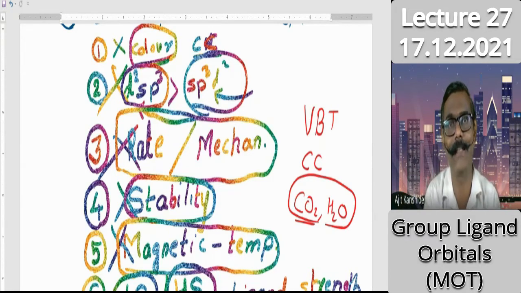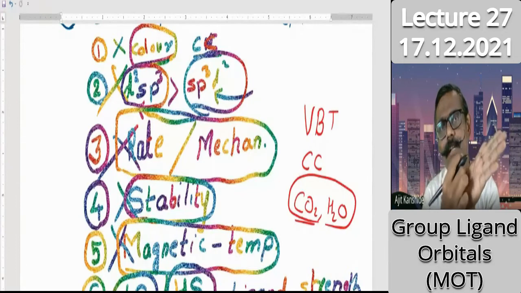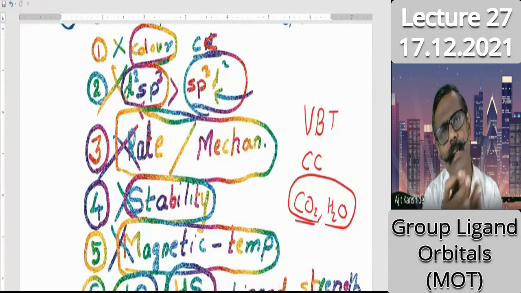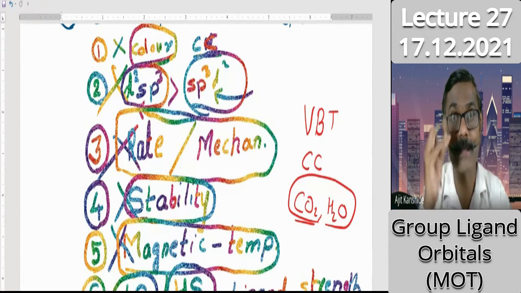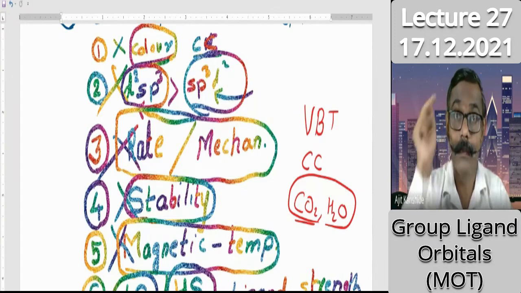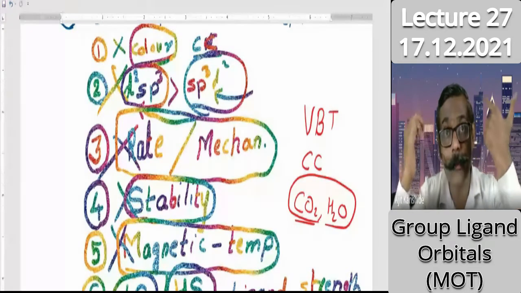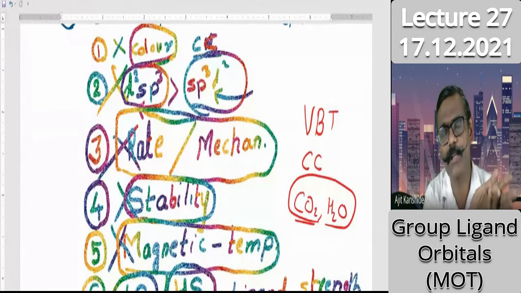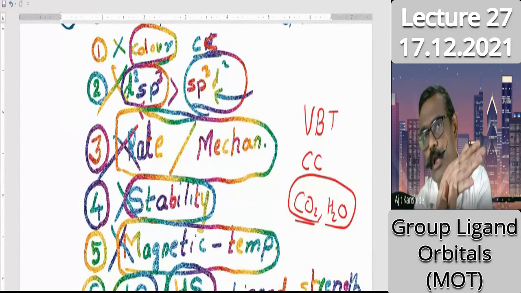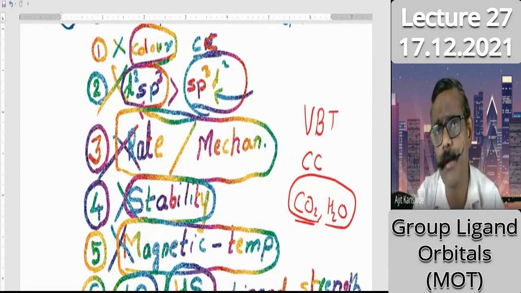Like the six points on the screen, in one card sheet you can have sections, for example limitations of VBT, basis of CFT, application of CFT to octahedral complexes, application of CFT to tetrahedral complexes, or square planar complexes, various geometries or various coordination numbers.